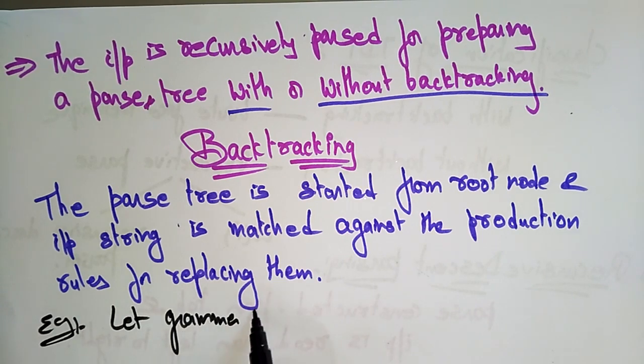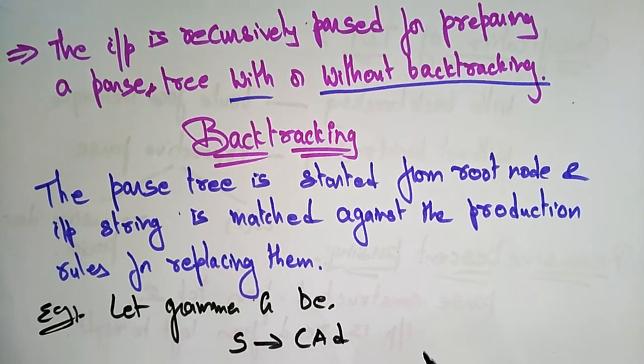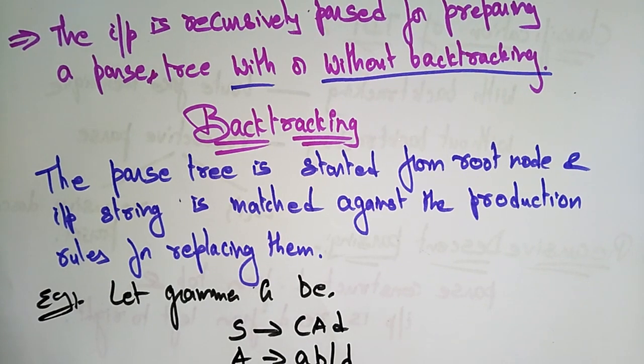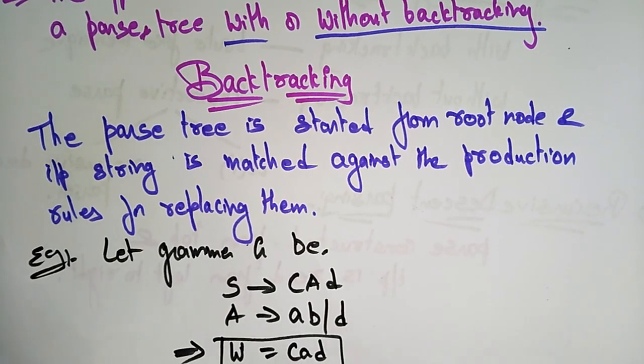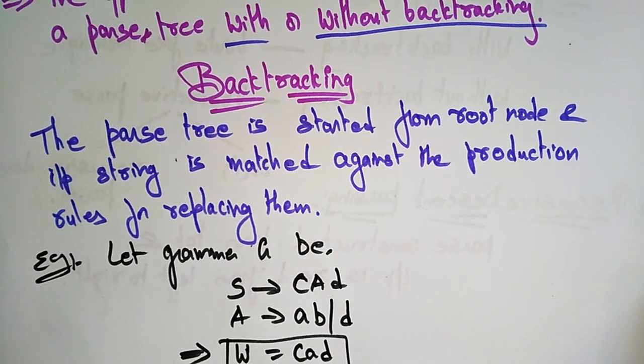Let grammar G be S tends to cAd, A tends to ab or d, where small c, a, d are terminals and A and S are non-terminals.